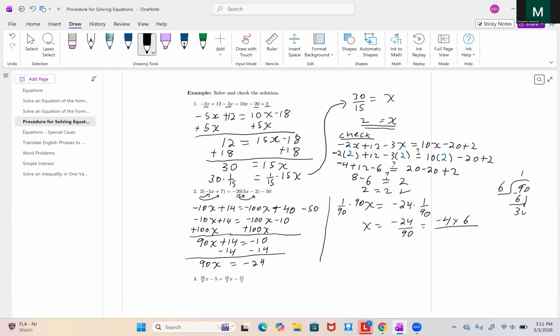Bring down the 0. 5 times 6 is 30. So this is 15 times 6, which is 90. They have a common factor. Replace that by 1. And this negative 24 over 90 simplifies to negative 4 over 15. So x is equal to negative 4 over 15.